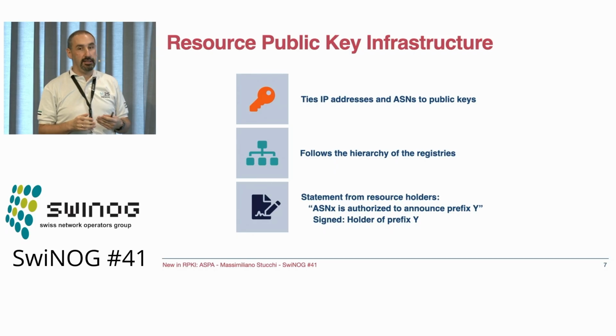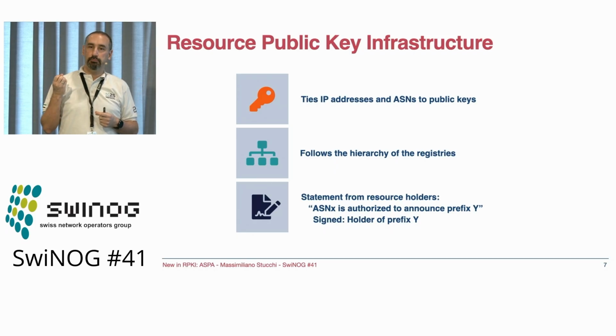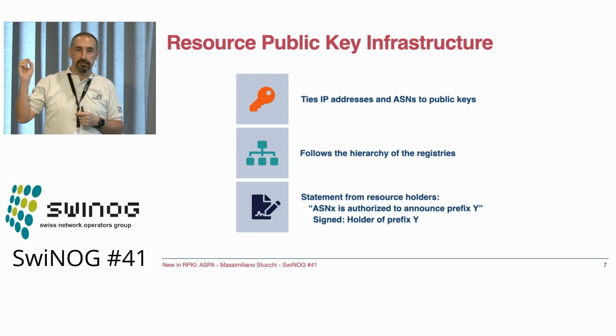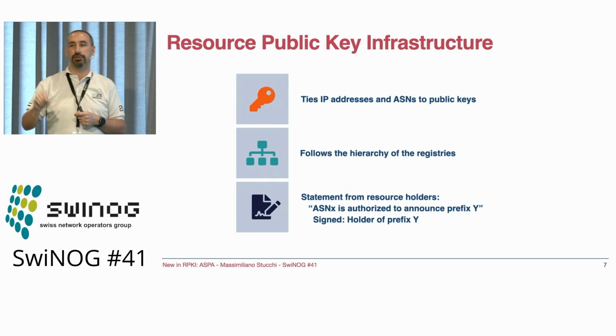And then the final goal at that point was, let's make it so that we have, in the end, statements, a piece of file that tells us, and we can verify, that this network should be originated by this ASN, and there's a signature from the holder of the address space.